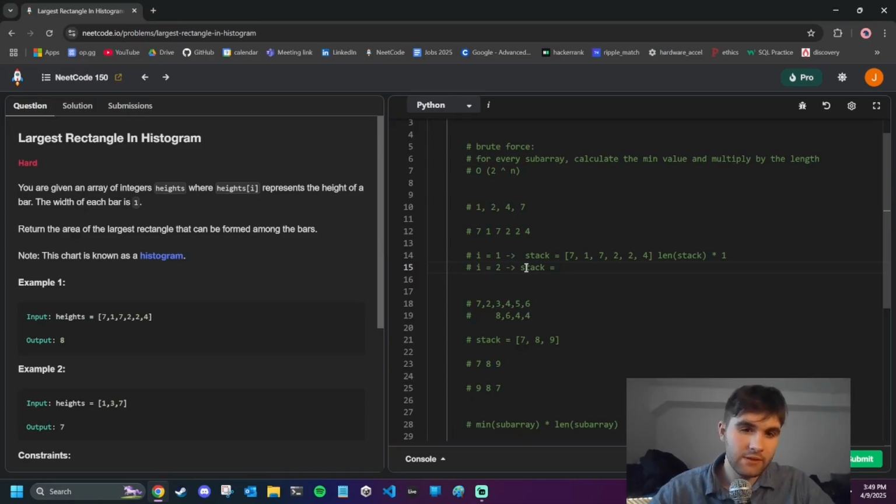So it's not really a stack, but we're adding to it, and then, okay, so here we just have 7.